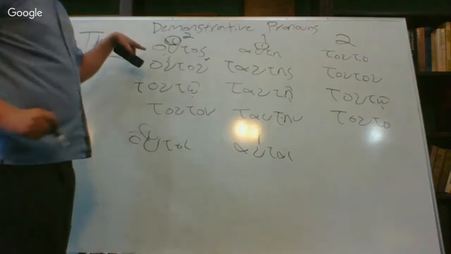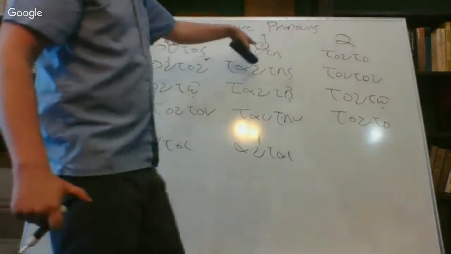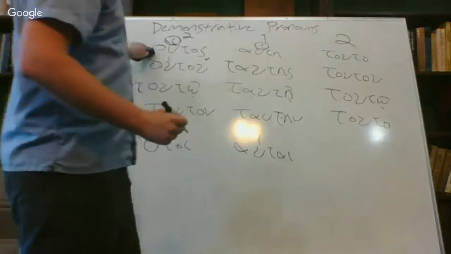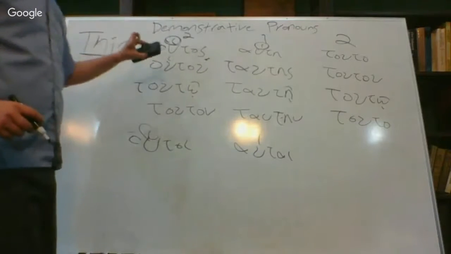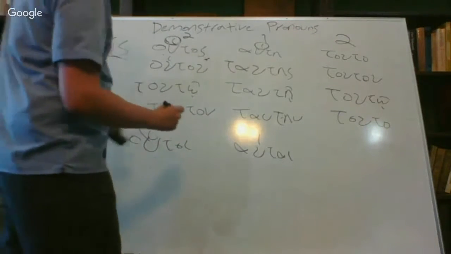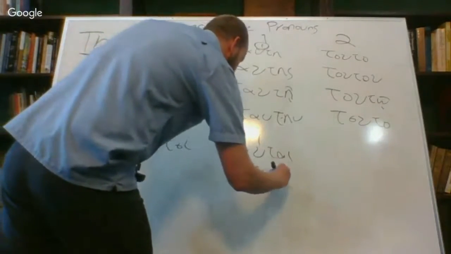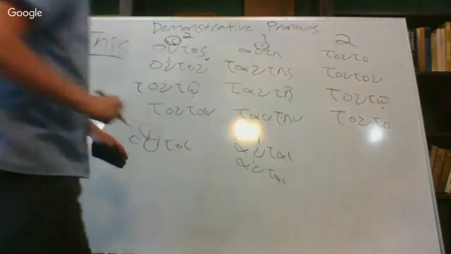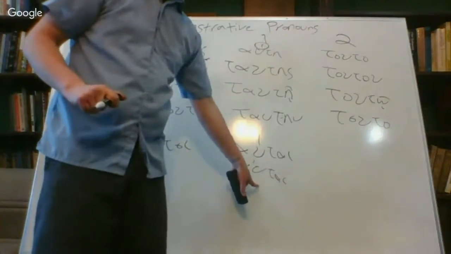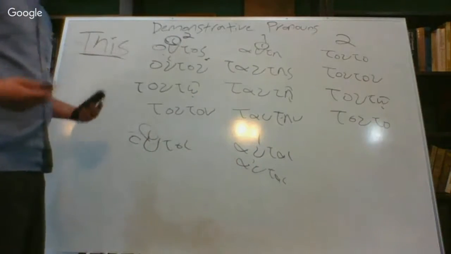So it's not going to be autos, it's going to be hutos, haute, and tuto. So we're going to first see that there's a rough breathing mark in the nominative singular and in the plural. So that's going to be the difference between hautai and autai, which is the feminine third-person pronoun for they, or the group of women, they.